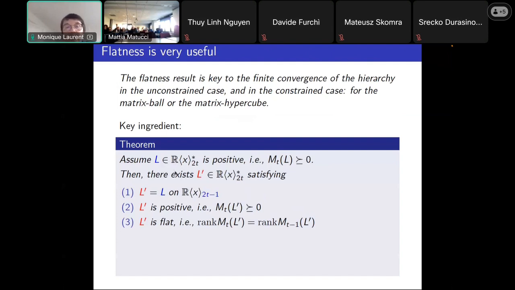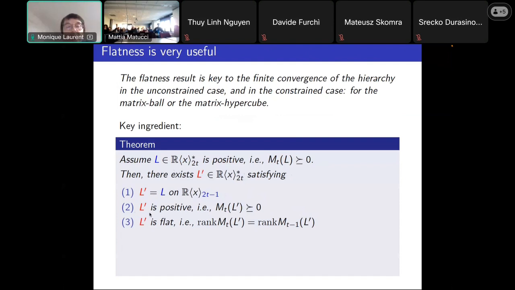So the claim is there is an L prime, which acts also on polynomials up to degree 2t and satisfies the following properties. The first one says that L prime and L agree on polynomials up to degree 2t minus 1. So the only places where they may disagree is on monomials of degree 2t. But everywhere else, they agree.